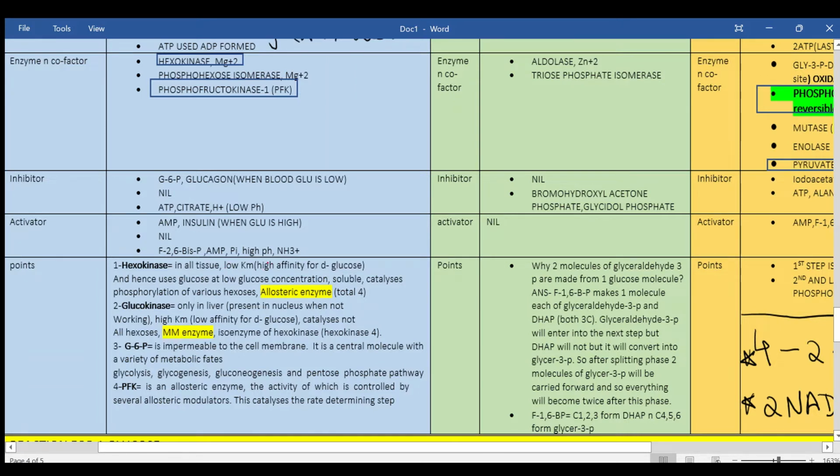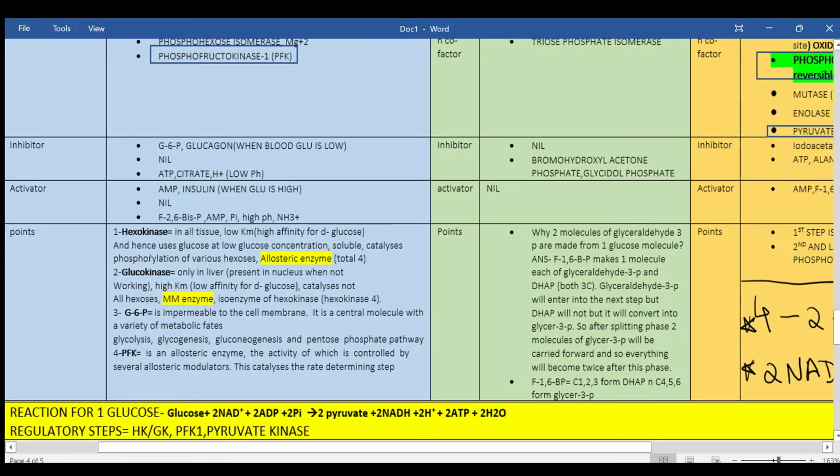And hexokinase has a low Km value, that is, a low dissociation constant value. That is why it has very high affinity towards D-glucose and hence uses glucose at low concentration also. If you can understand this line, low Km means high affinity for glucose, so even if you add a small amount of glucose, hexokinase will easily bind with it.